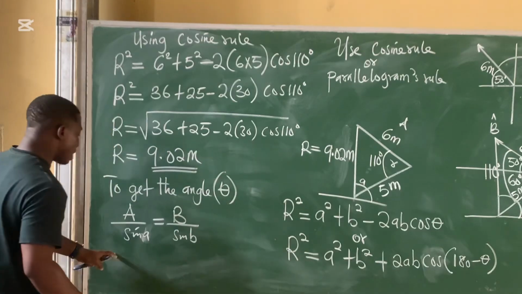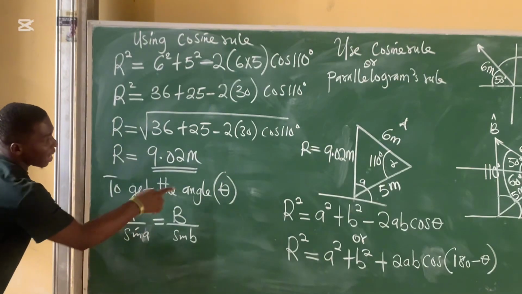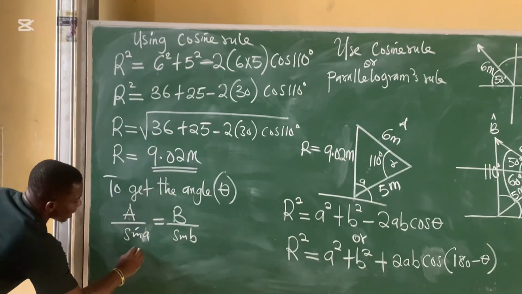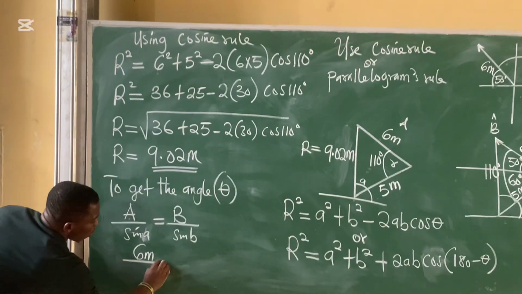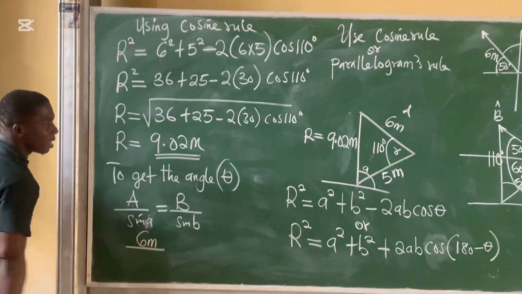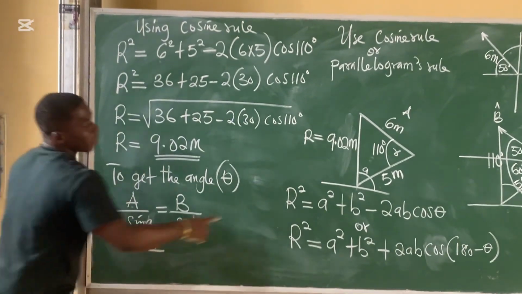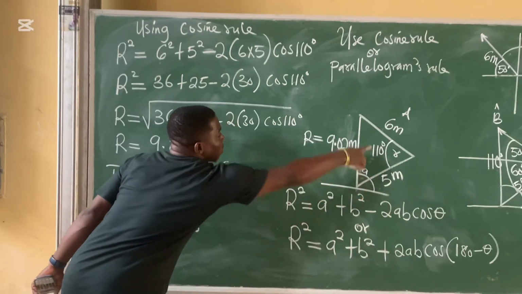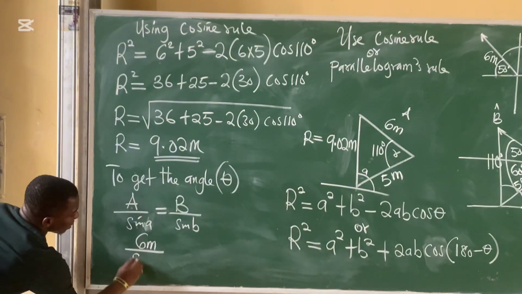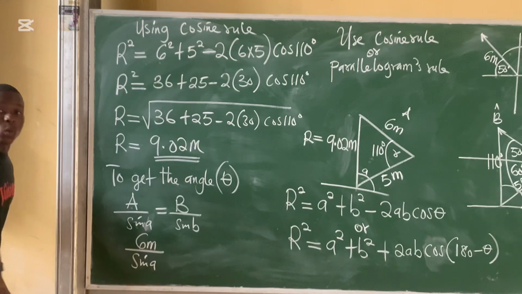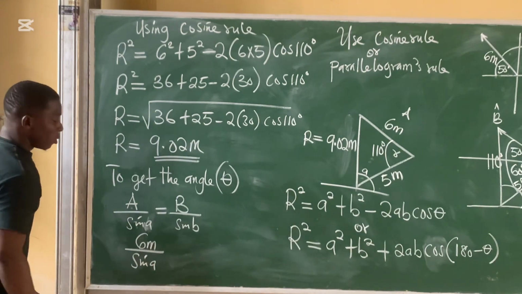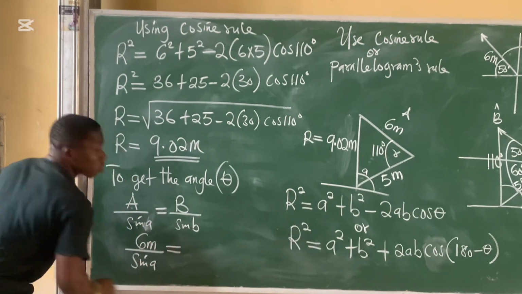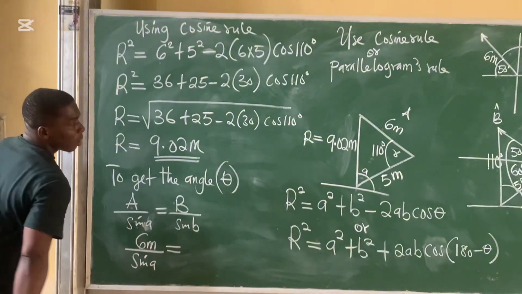So using that, I know that my A, which is the side, is 6 meters all over sine A. Sine A is this opposite side. So I have this over sine A, and that is what I'm looking for, equal to B. What's my B?